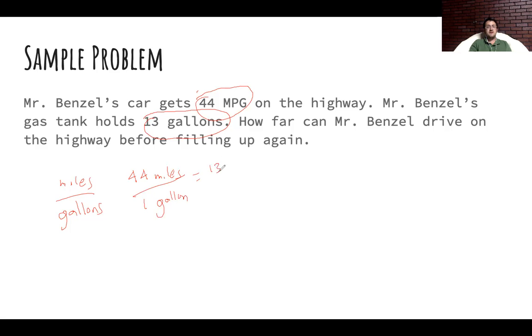And what I need to do is think about setting up another ratio, miles and gallons. So let's see, it asks me how far, that's in miles, can I drive before filling up again? So I have a 13-gallon tank in my Hyundai Sonata and x miles, and I'm just going to cross multiply.